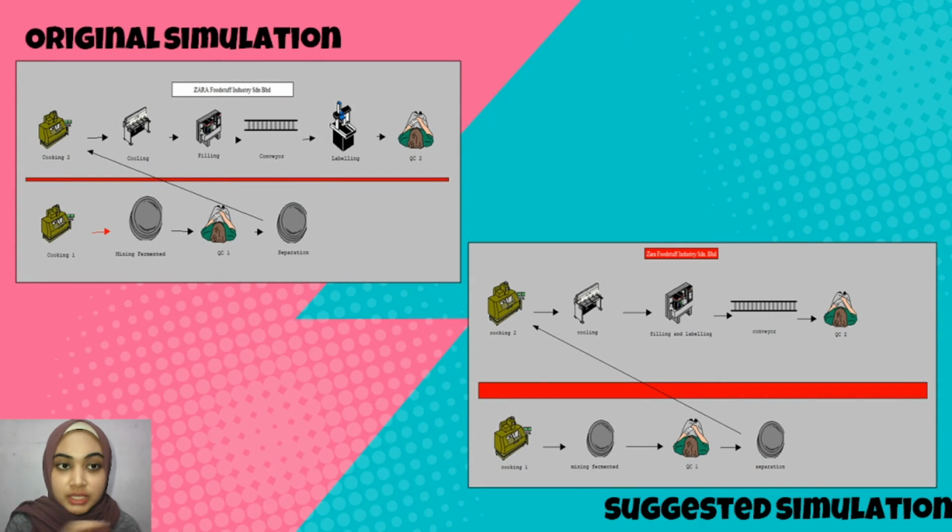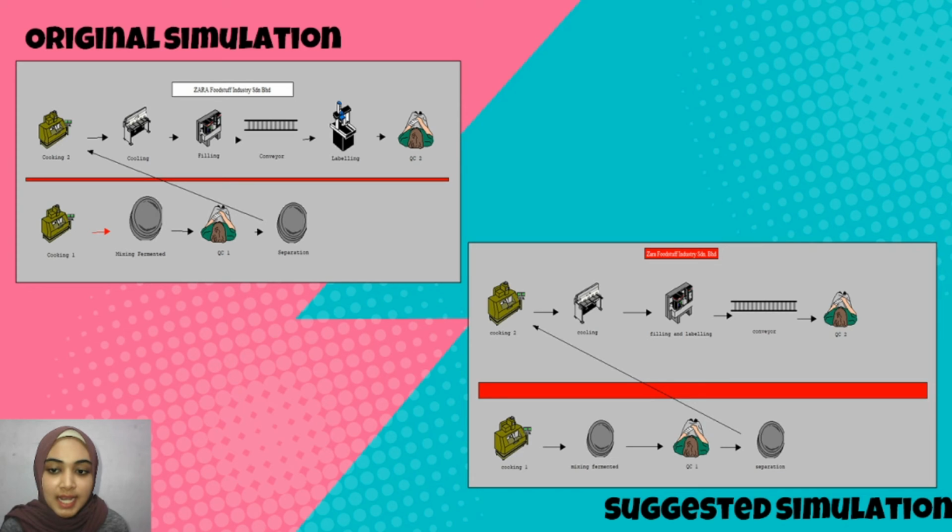For this step, we have the original simulation and the suggested simulation. So we will look into the suggested simulation. As we can see in this simulation, we have cooking one, and then it moves to mixing fermented, and then we check the quality of the soy sauce, and then the workers will separate the soybean from the soy sauce, and then we move to cooking two, where we cook the soy sauce, and then we cool the soy sauce.